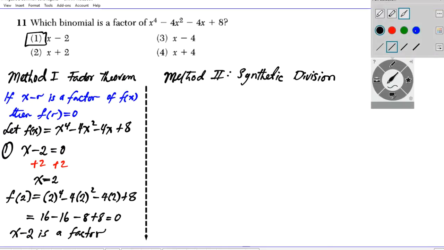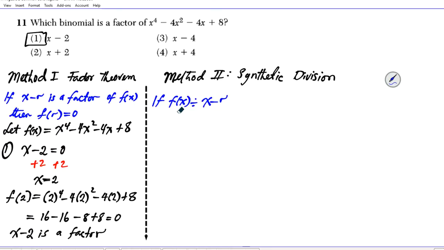The main idea is that if you have a polynomial f of x and you divide it by a divisor x minus r, and f of x divided by x minus r has a remainder of 0, which is the last number after you carry out a synthetic division, then x minus r is a factor.